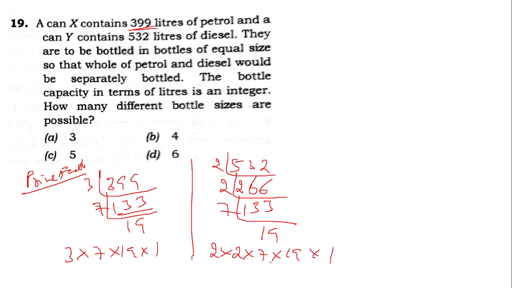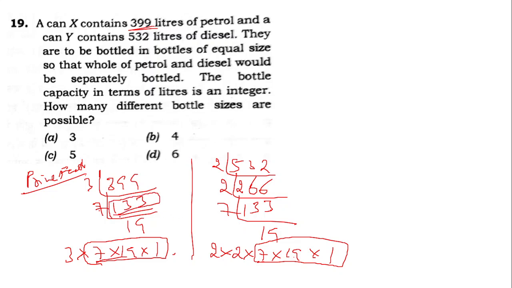Now we have to look at what are the common factors here. Which are the common numbers? If you observe carefully, 7, 19 and 1 are the common numbers, correct? So it is possible that we can have these 3 different sizes, 7, 19 and 1. Now since 7 and 19 are there, if I multiply 7 into 19, that is 133.